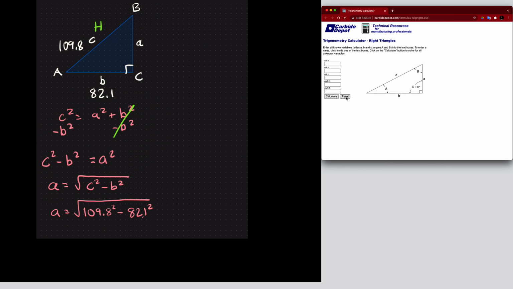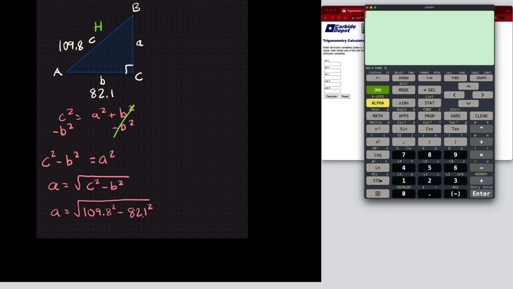So we'll take the square root. I've got an online calculator here, so I'll pop that up right now and punch it in so you can actually see it.